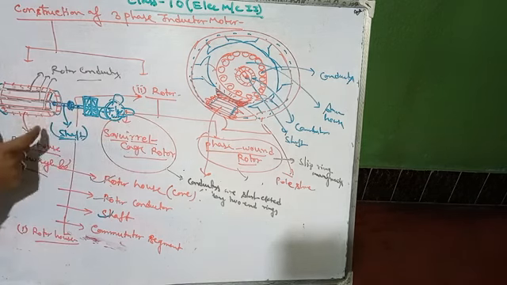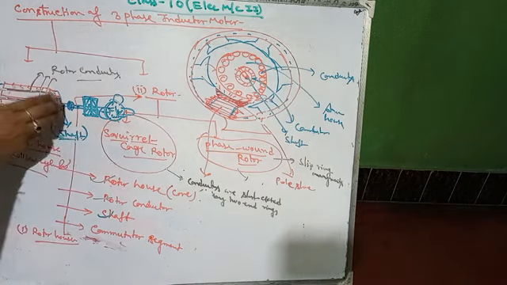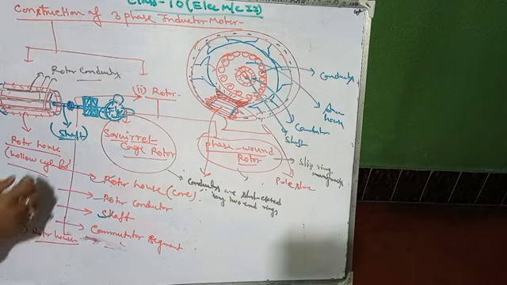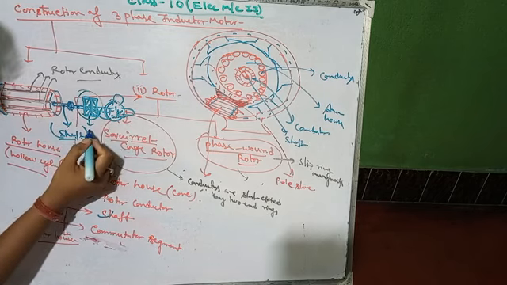So it is a fan-like structure, so it will rotate. There is a mechanical coupling between this armature and the external rotating substances. This sign is called mechanical coupling.